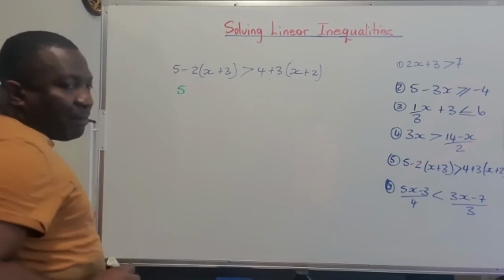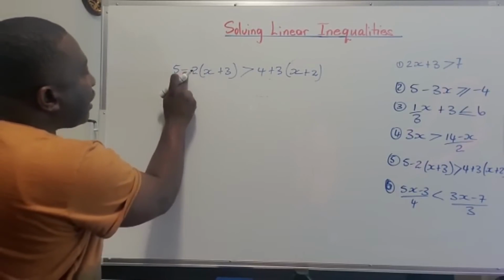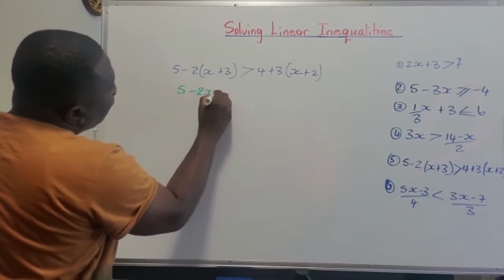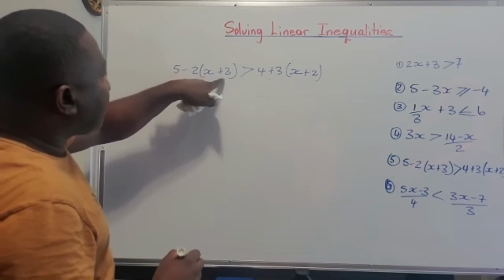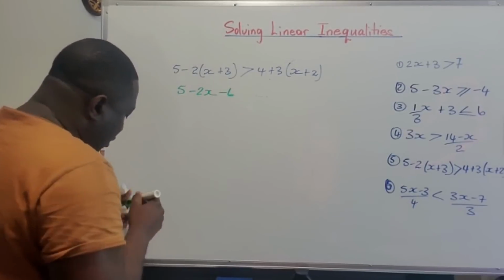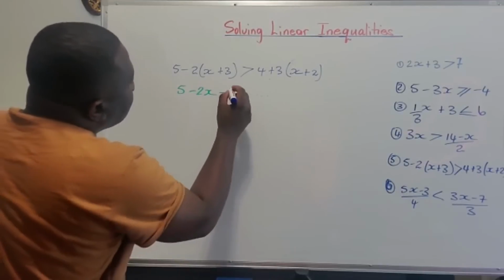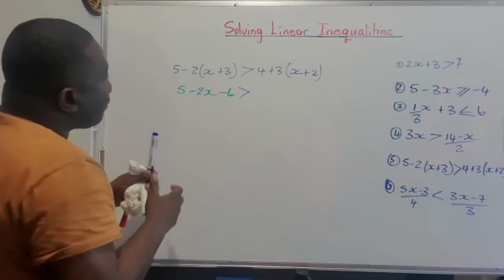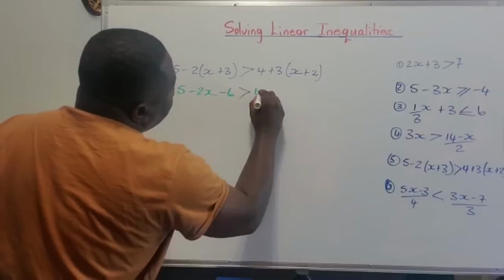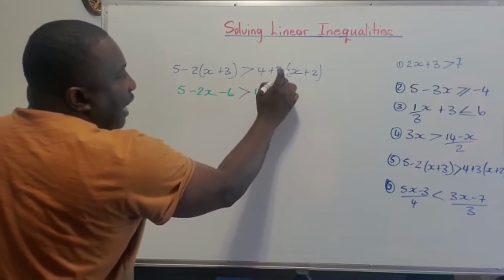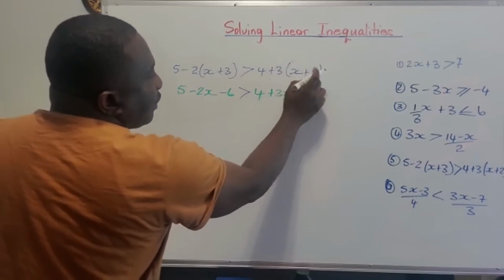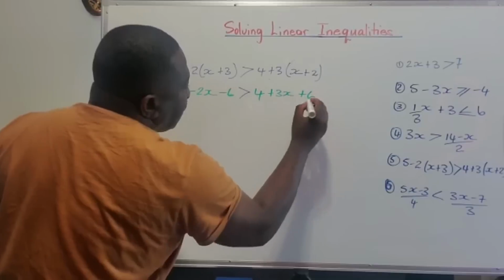So let's go. 5, maintain my positive 5. Negative 2 times x will give us negative 2x. Negative 2 times positive 3 will give me negative 6. Maintain my greater than sign here. Maintain my positive 4. 3 times x will give us a positive 3x. 3 times positive 2 will give us a positive 6.